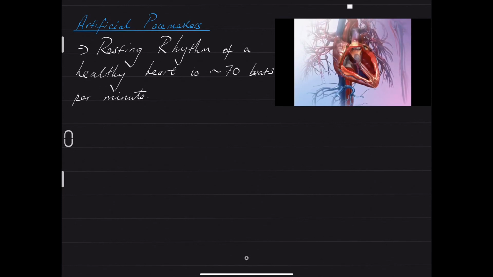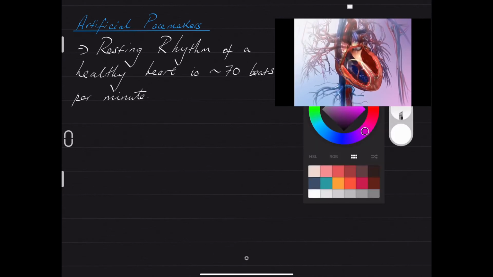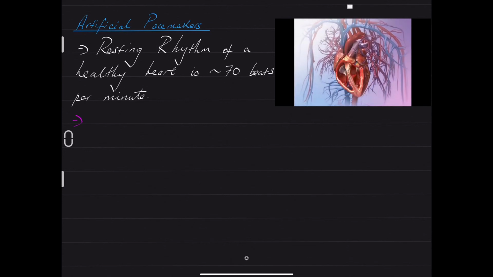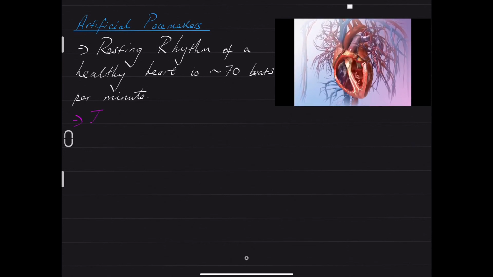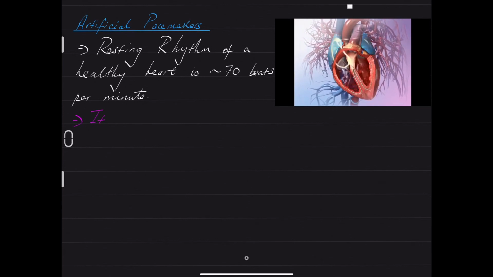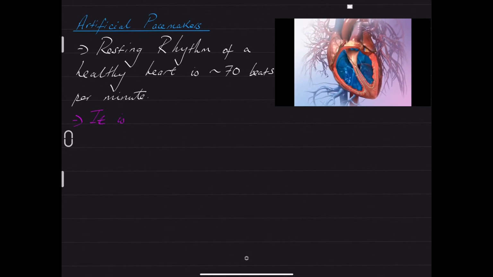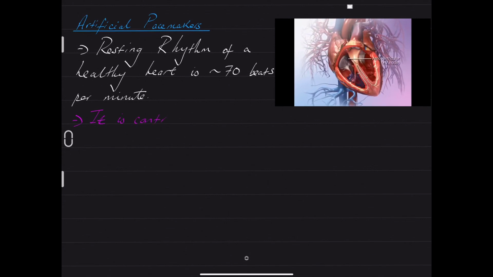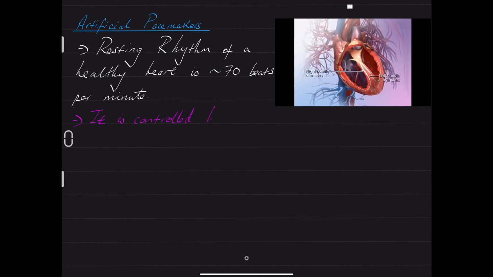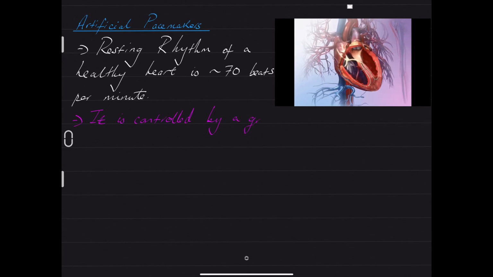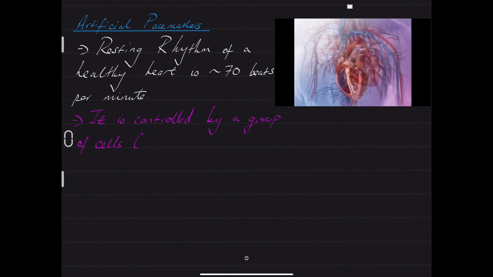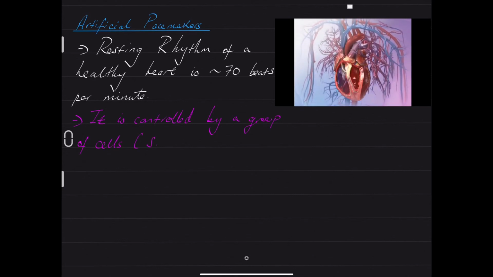So can you put down next point? This rhythm, it is controlled by a group of cells, and I'm just going to put SA node here.